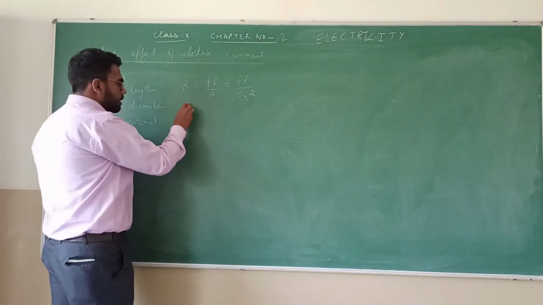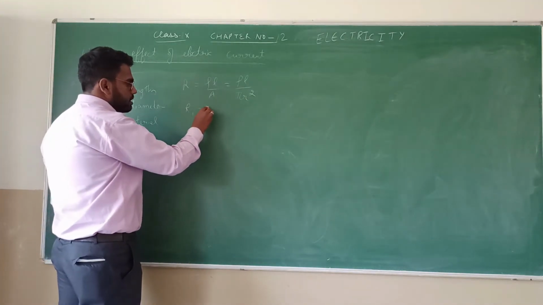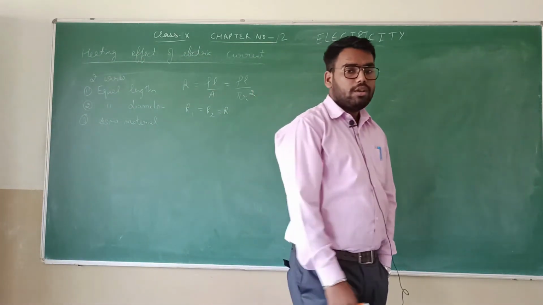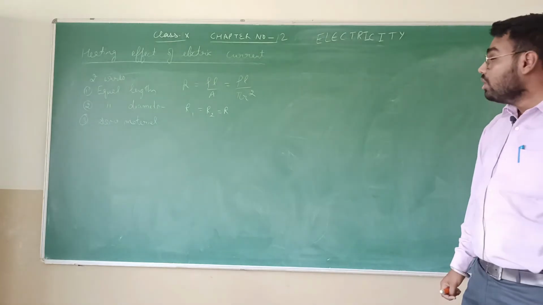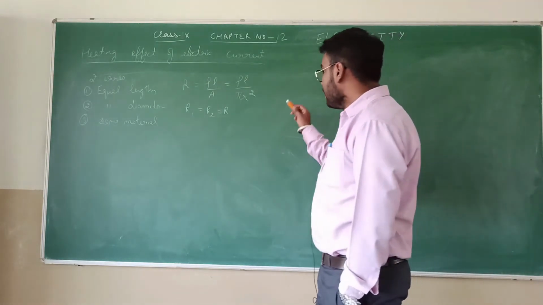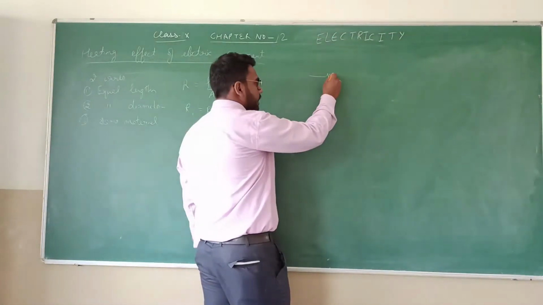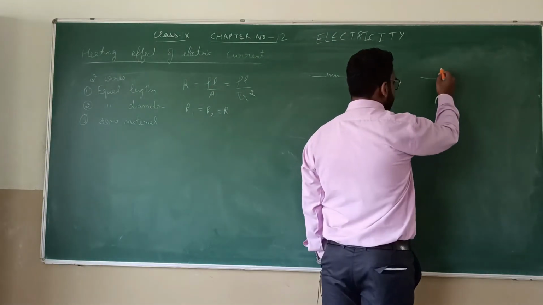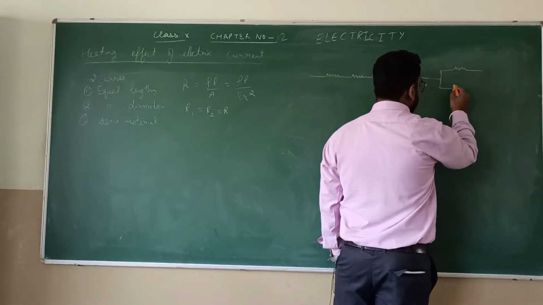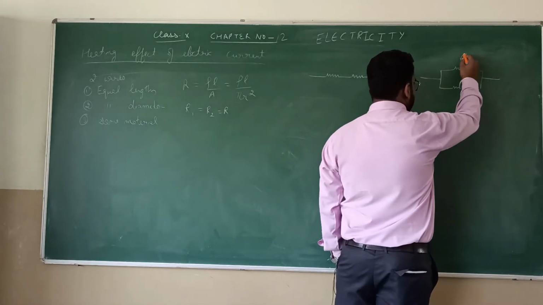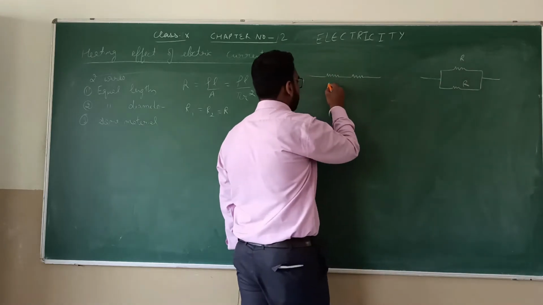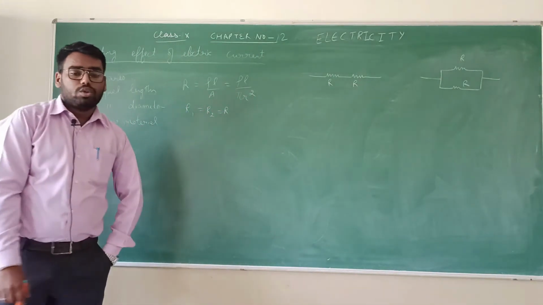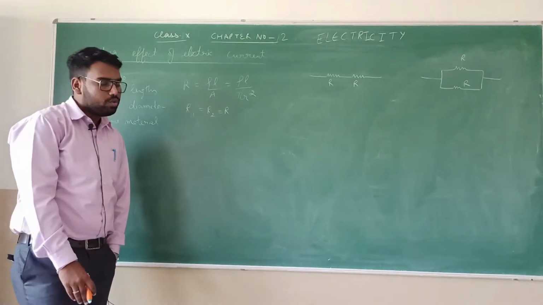So I can say the resistance of wire 1 and resistance of wire 2 are equal. This is the first conclusion we can draw from the given data. Now, these are connected first in series and then in parallel, this is R, R. So we have to find the ratio of heat generated in the two cases.